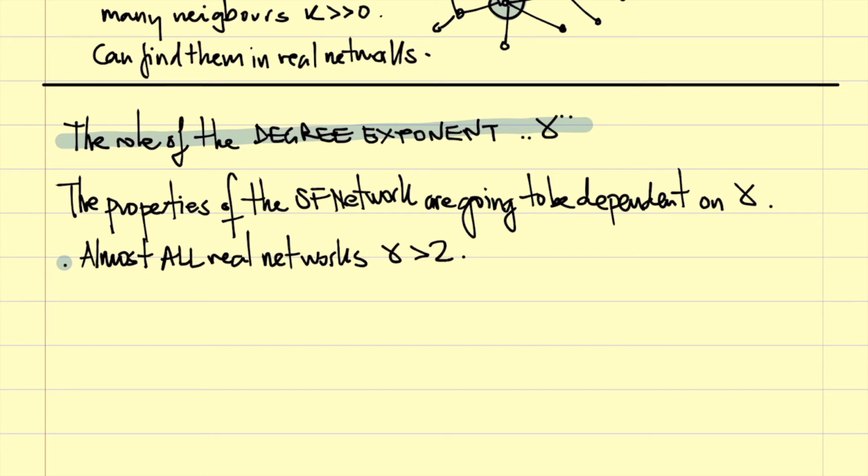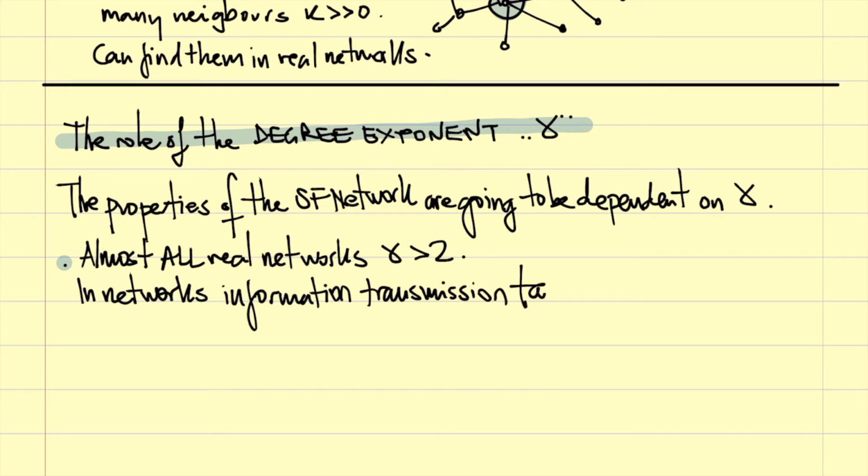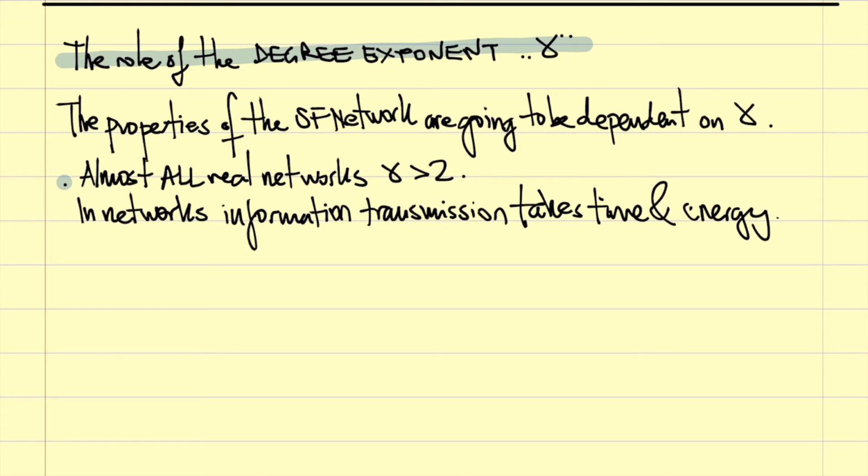This is because in networks, information transmission takes time and energy. If we ever are able to make a network in which information transmission doesn't cost, then we will be seeing gamma lower than 2.